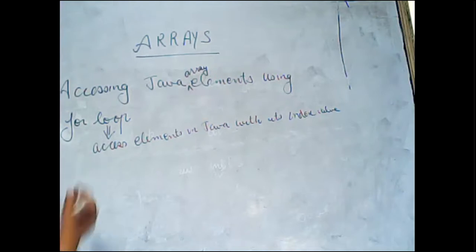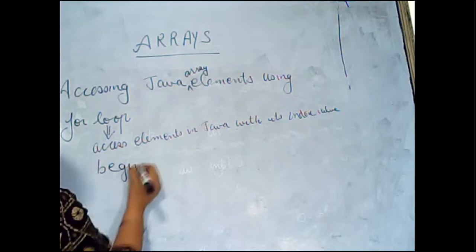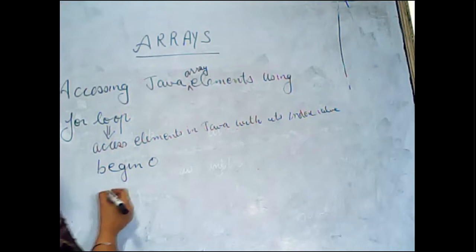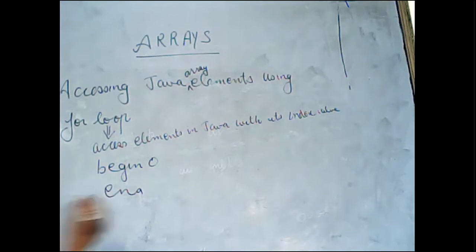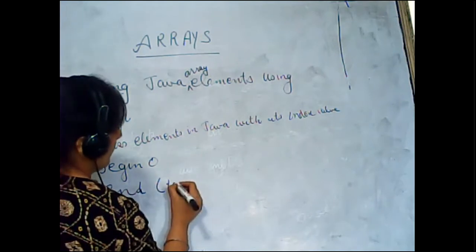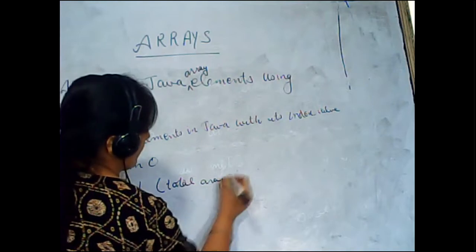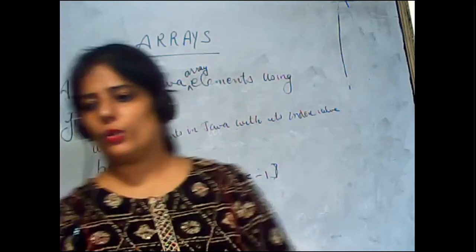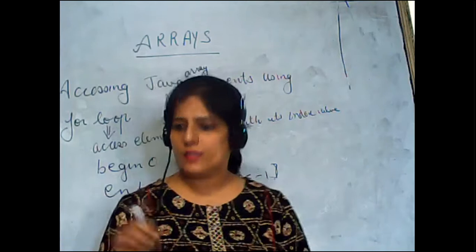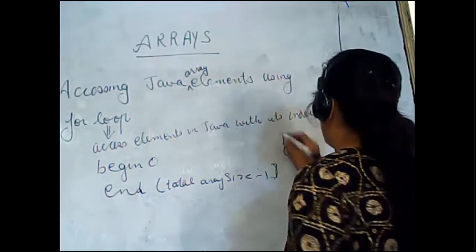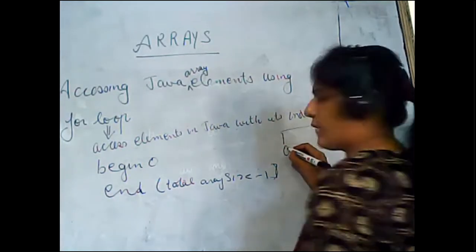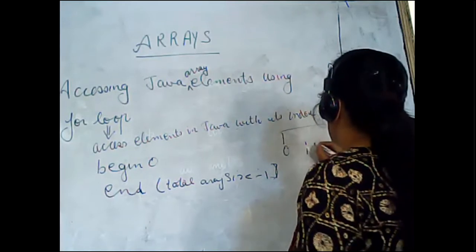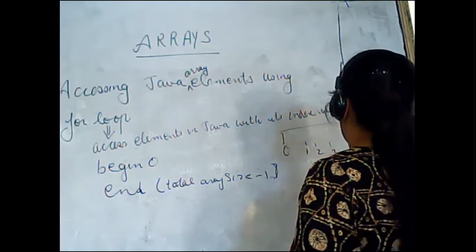So the index begins with 0, and it will end at the total array size minus 1. Okay, so let's suppose we have a total of 7 elements. So it will start from 0 and end at 6. Obviously, we have 7 elements, so it will start from 0, 1, 2, 3, 4, 5, and the 6th.